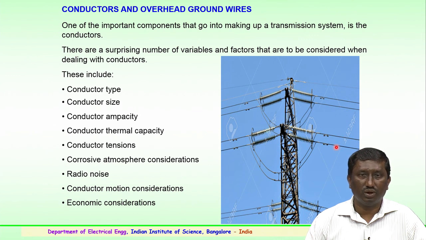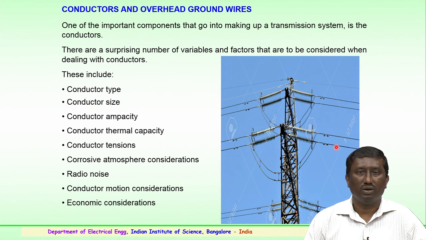Then the conductor should not give interference or discharges which create unwanted signals in the radio or television, that is, radio noise or radio interference values increase because of the conductor discharges, that is corona or radio interference noise.